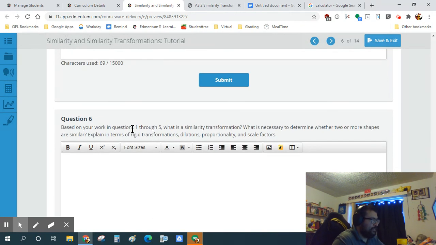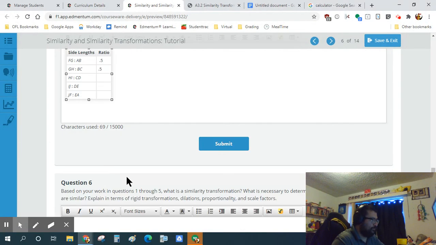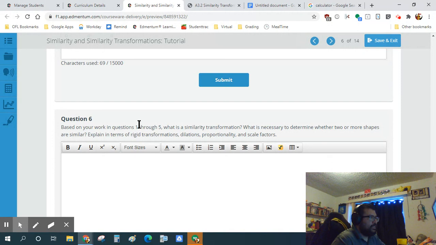Based on your work here, 1 through 5, what is a similarity transformation? What is necessary to determine whether the two or more shapes are similar? Explain in terms of rigid motion, transformation, dilation. All right. So what's happening here?